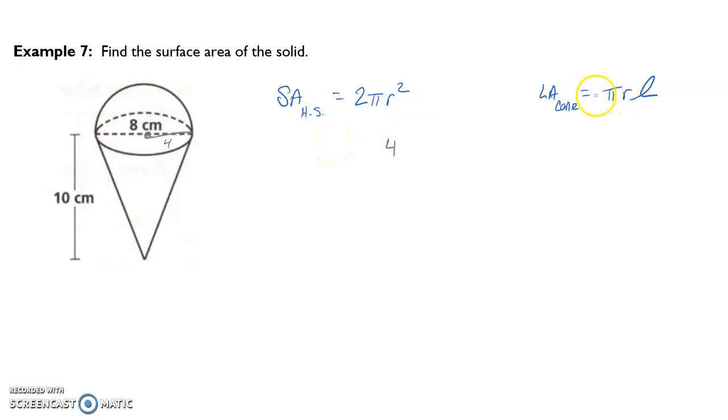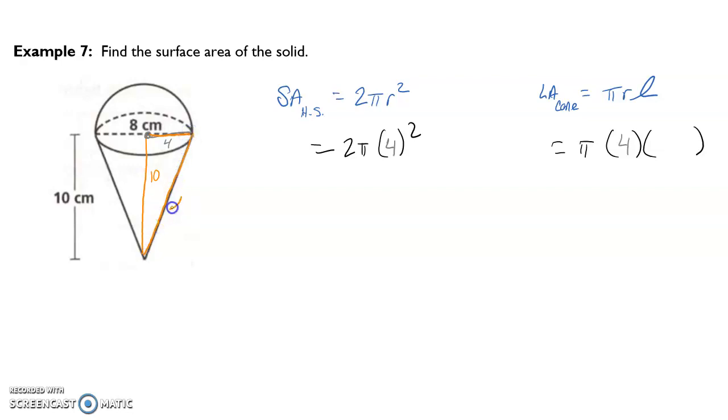And in the lateral area of the cone, I need the 4, but I also need the slant height, and that's the one piece that I am missing right now. We know the height, or the altitude there, is 10. We know the radius is 4.